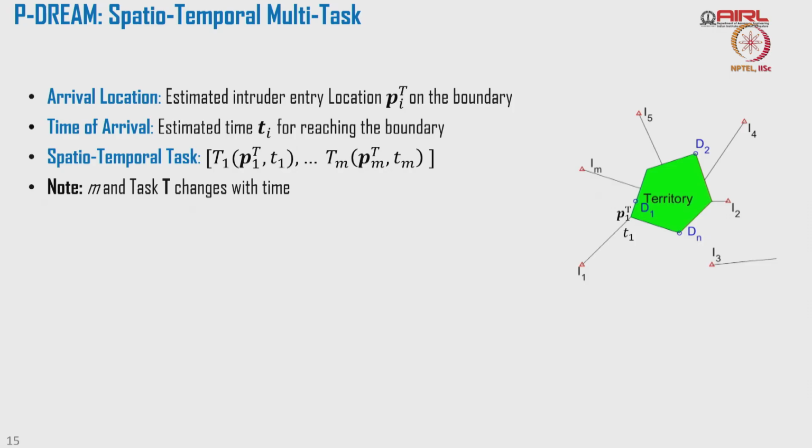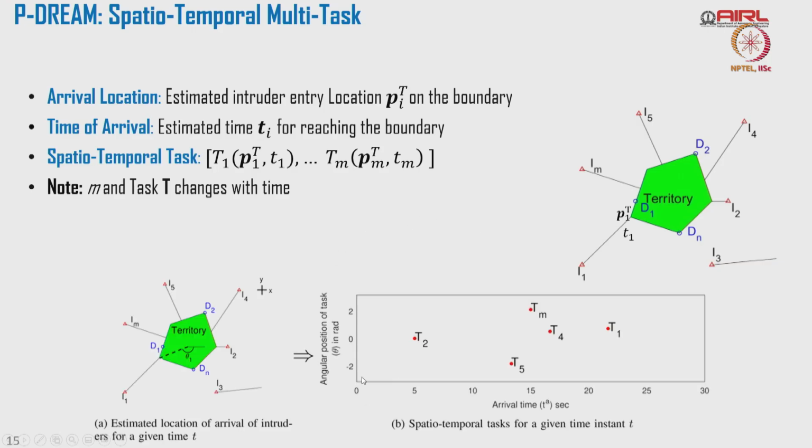It is unknown at any given time, right, and the task changes with respect to time. Now if I am representing the task in time versus angle, I am assuming the origin to be at the center of the territory, and then I represent the angle as plus or minus pi and the time, and this is how the tasks are arranged in a spatial and temporal fashion.